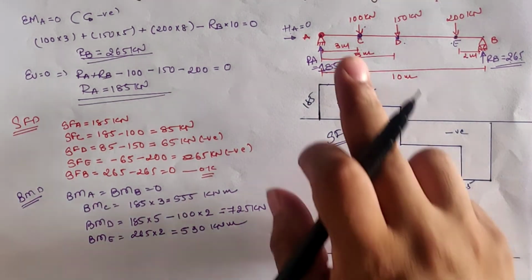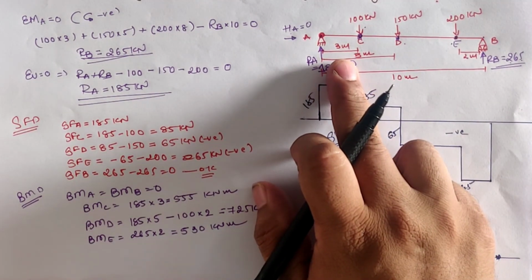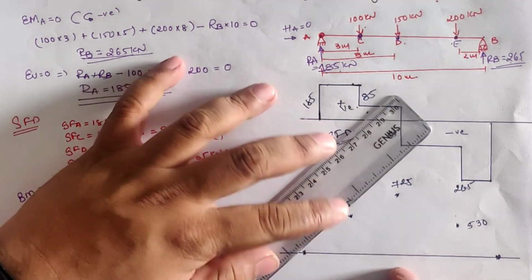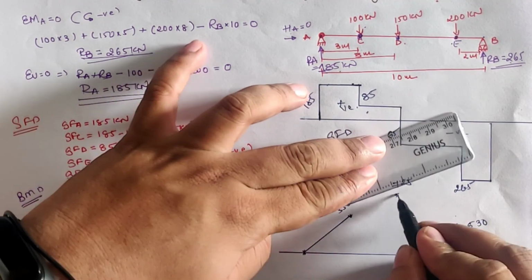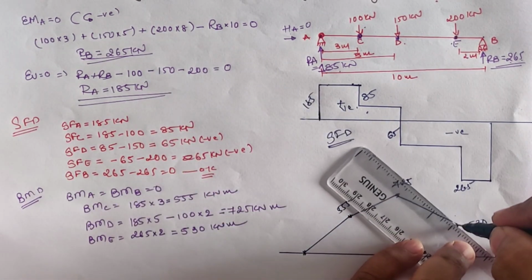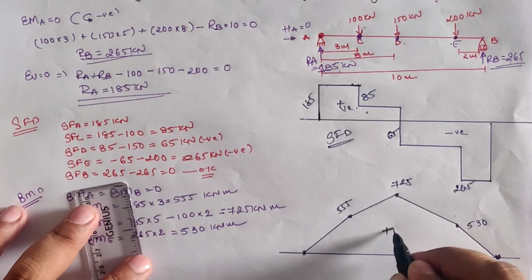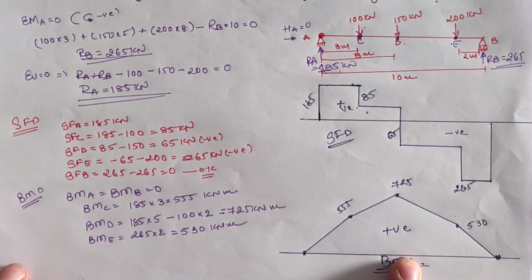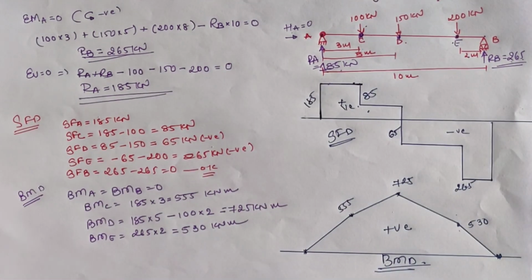Now we know that for point loads we have to plot an inclined straight line between all the points. So our bending moment diagram is as shown, and all the values are positive. So the diagram shows the bending moment diagram of this given beam. Thank you.